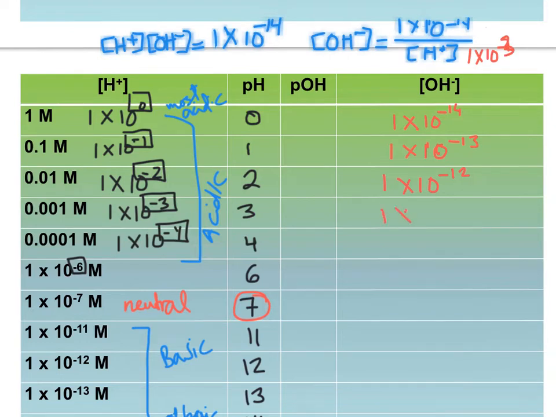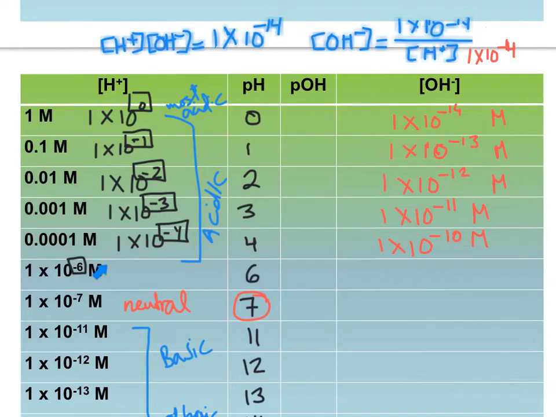So that would be 1 times 10 to the -11. These are molar, I forgot to put the units there. Okay, next one, what if this was a 4 here? What does that equal to? 1 times 10 to the -10th molar.